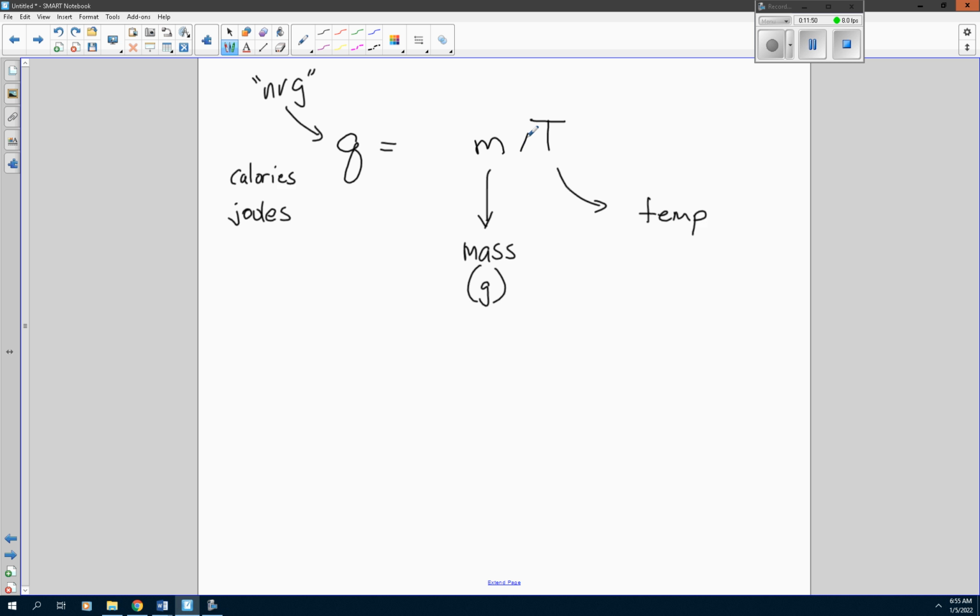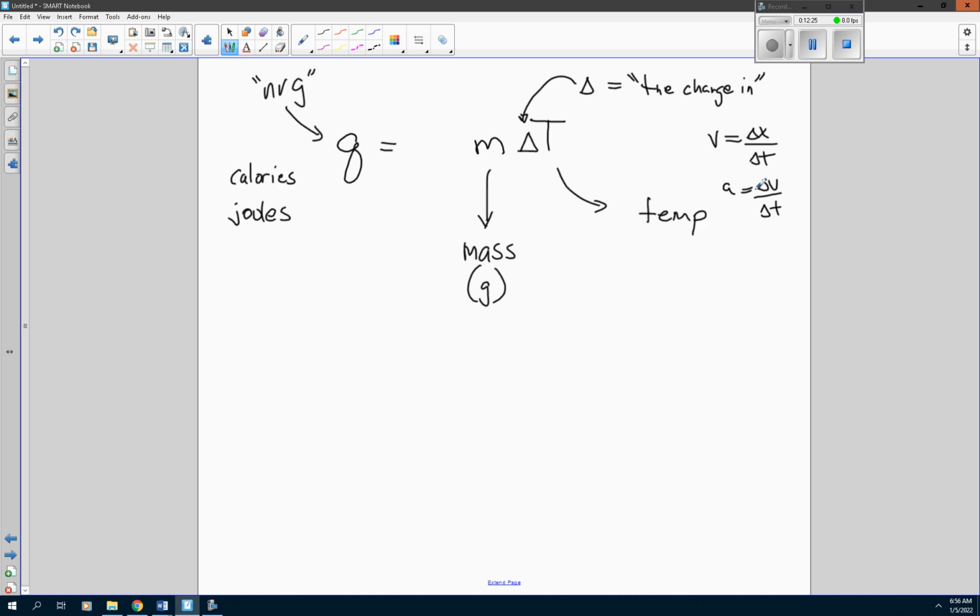This variable is what's called the change in temperature, because whenever we're interested in the change in something, if you remember from physics, delta means the change in. You saw delta when it came to change in distance with respect to time. You learned that velocity is the change of distance with respect to time. You learned that acceleration is the change of velocity with respect to time.